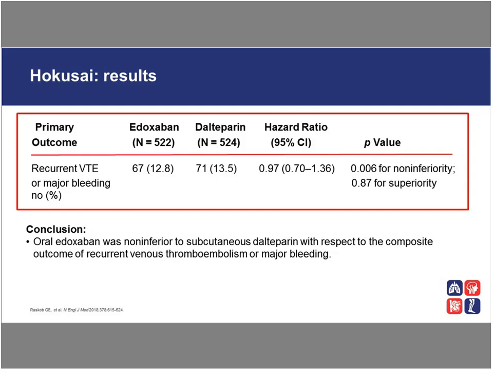And the conclusion that was provided was that oral edoxaban was non-inferior to subcutaneous dalteparin with respect to the composite outcome of recurrent thromboembolism or major bleeding.